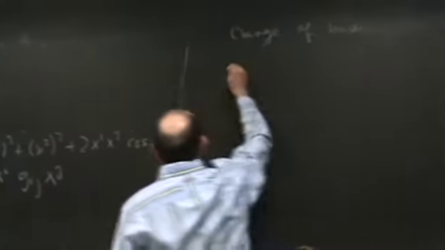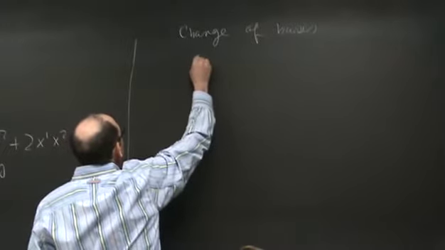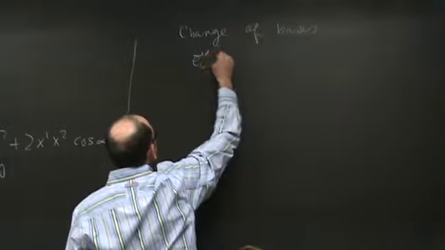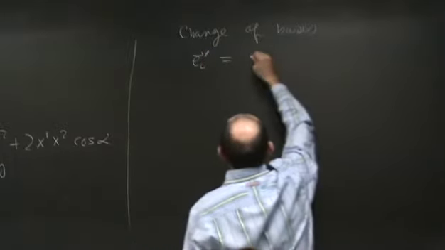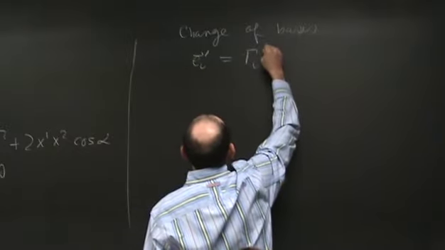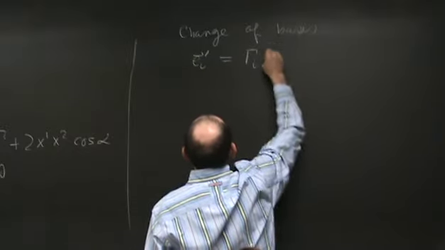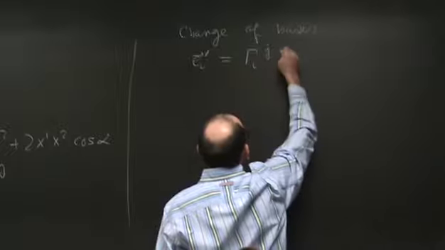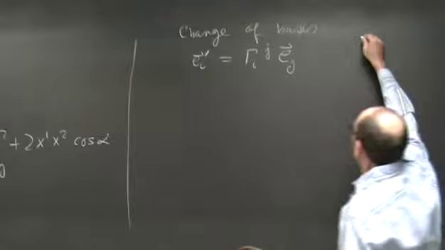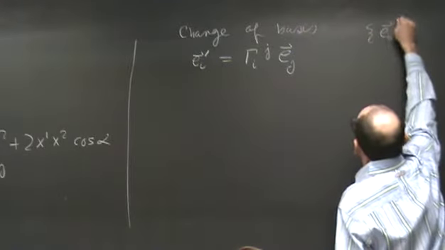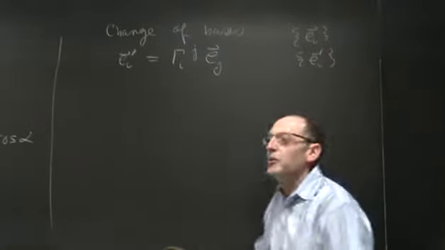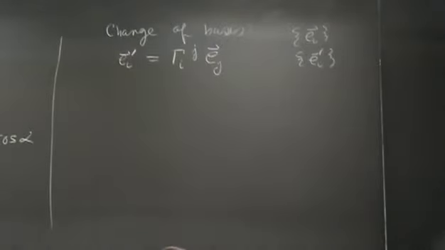So let's suppose I have a transformation that gives me new basis vectors through some transformation I'll call gamma, d'i equals gamma i j dj, sum over repeated indices. Okay, so we have two bases, the unprimed and the primed bases, and this is the relationship between those bases.